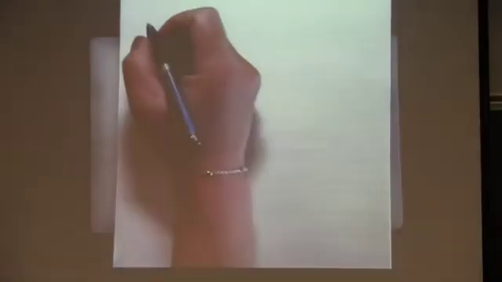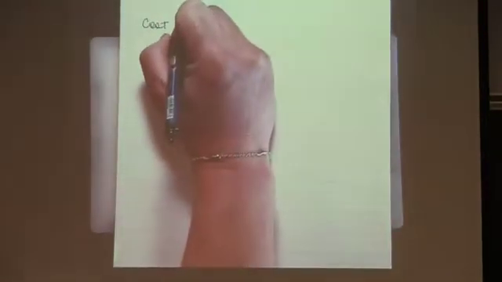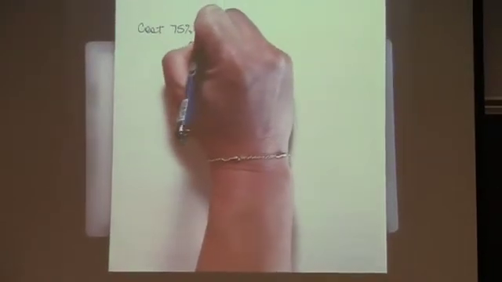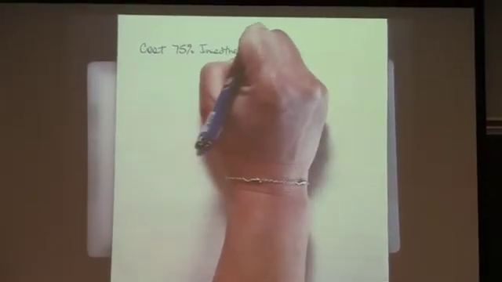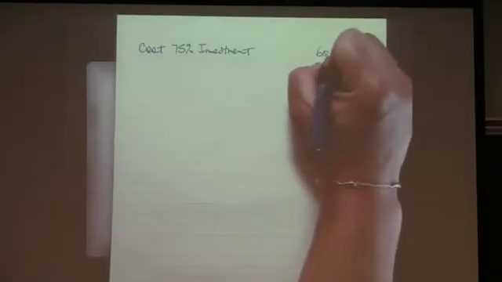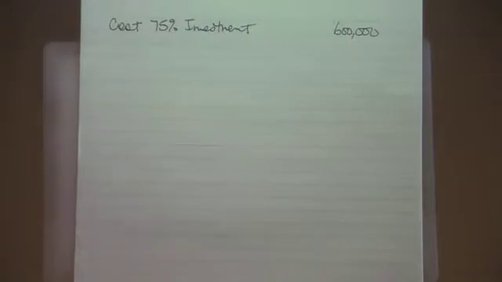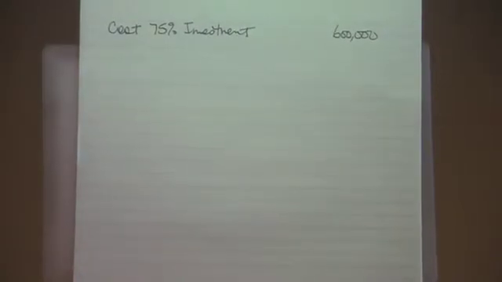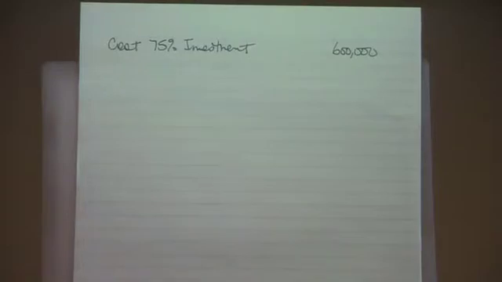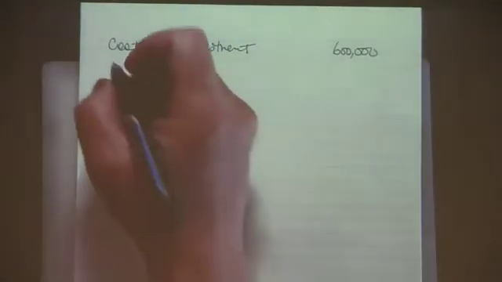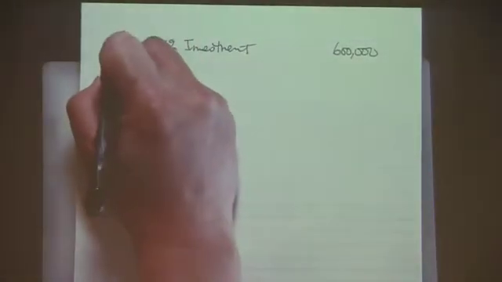Whenever there's an acquisition, we always need to analyze the acquisition differential. So we analyze the cost of the 75% investment, which is how much we paid, $600,000. Because we're using the acquisition method under IFRS, we need to value 100% of the company, and to do that we calculate the implied value.